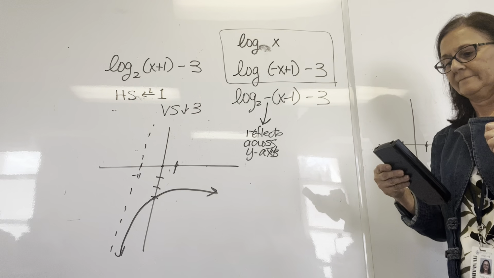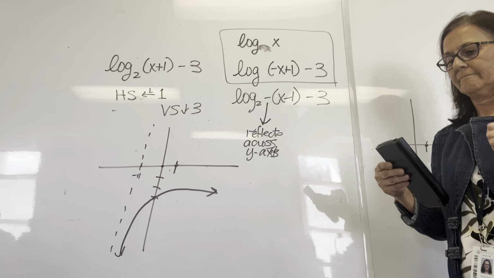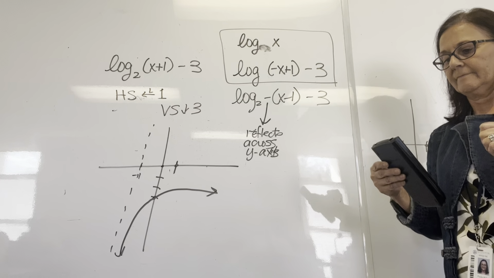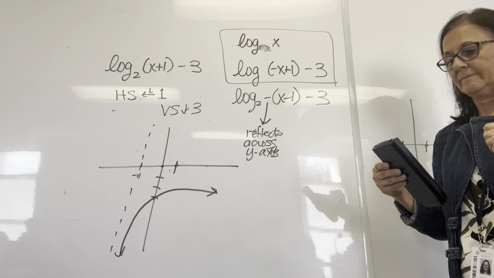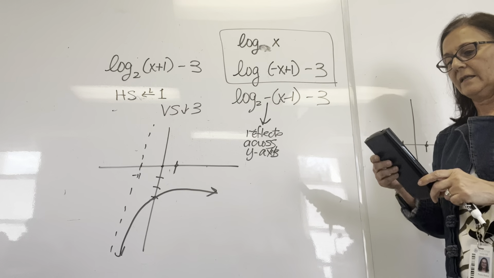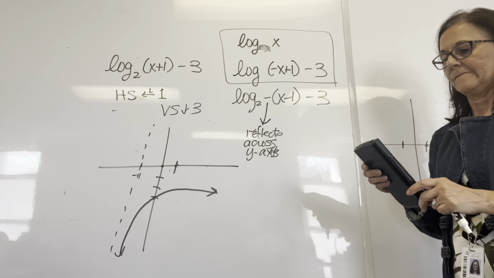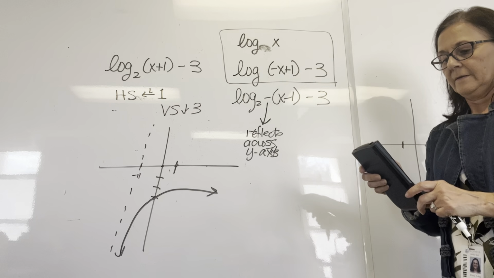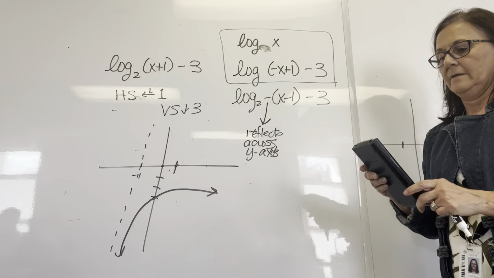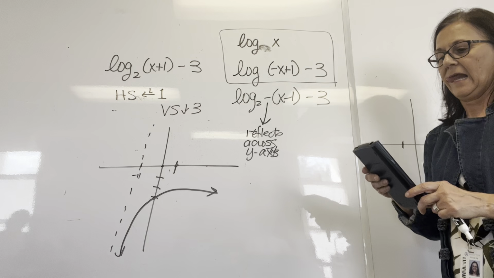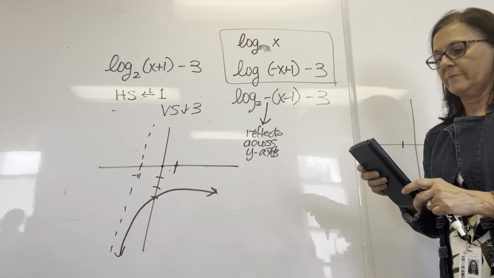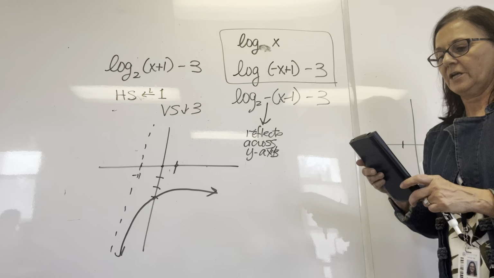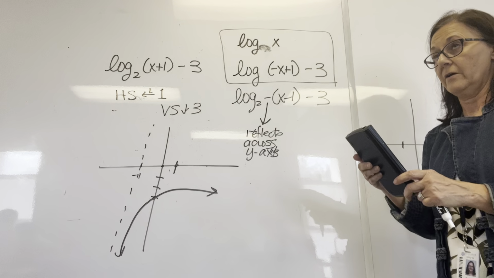I got a weird looking graph. It looks like it's got a hole in it. It doesn't look like it keeps going, does it? It's like it stops. Where does it stop? I'm going to change my X window.